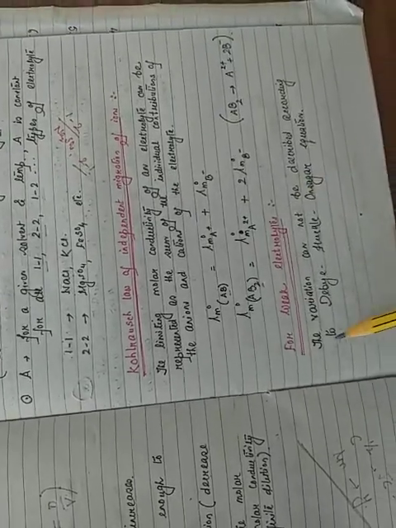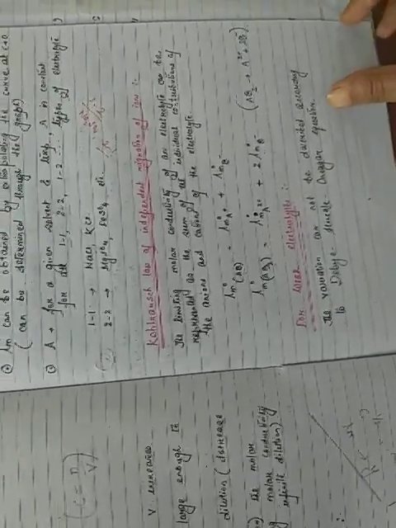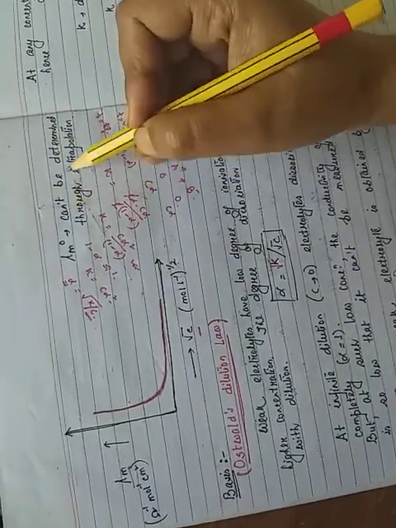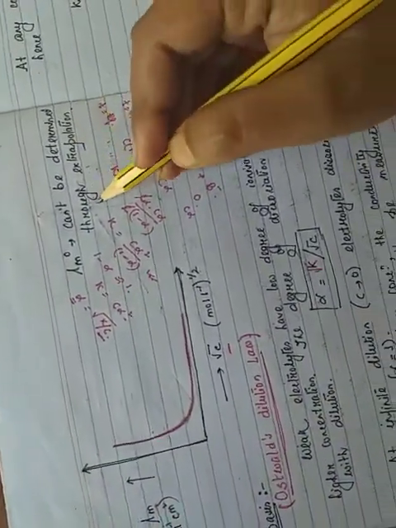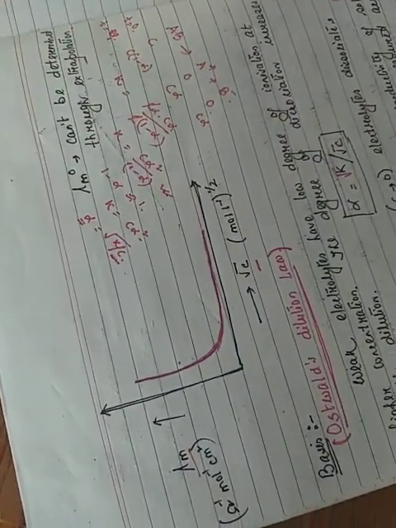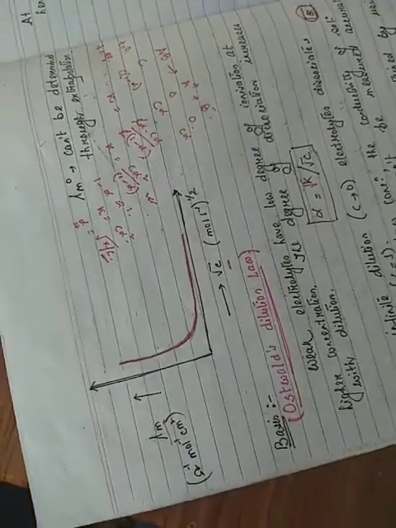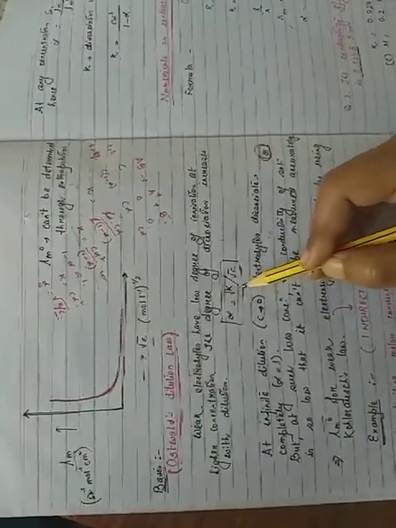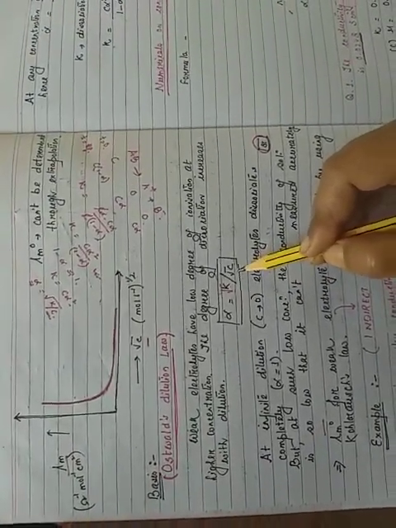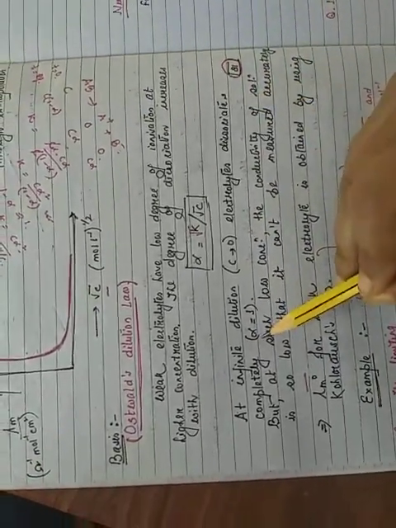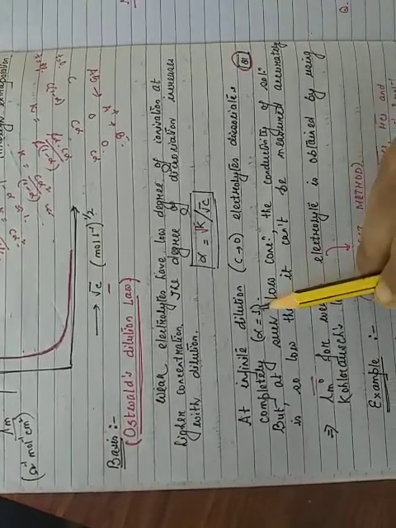For weak electrolytes, the variation cannot be described by the Debye-Huckel-Onsager equation, as it does not give a straight line. It gives a variation like this, where limiting molar conductivity cannot be determined through extrapolation, and this is governed by Ostwald's dilution law, which tells that for a weak electrolyte with low degree of ionization at higher concentration, alpha is equal to square root of K divided by square root of C. That is, at infinite dilution, C tends to 0, the electrolyte dissociates completely, or alpha tends to its maximum value 1.